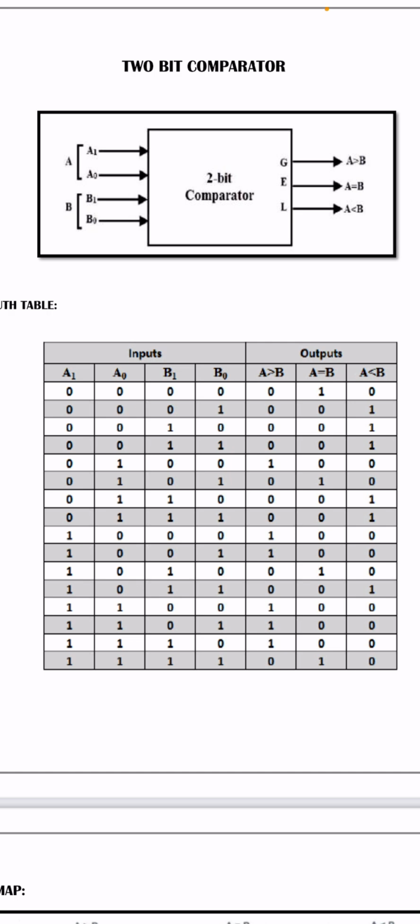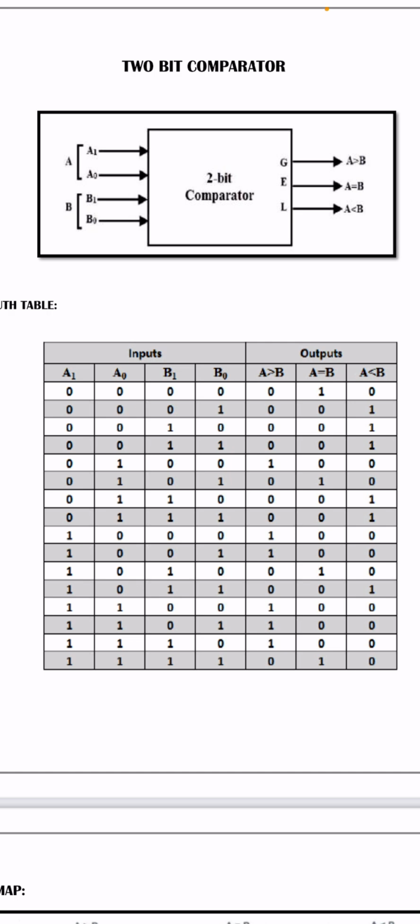When A is equal to B, we have an output of 1. What I'm explaining is, when on the input side A has the same inputs as B, what we get on the output is 1.